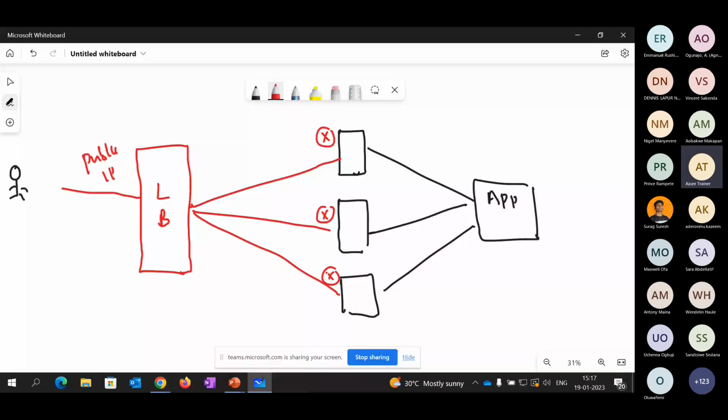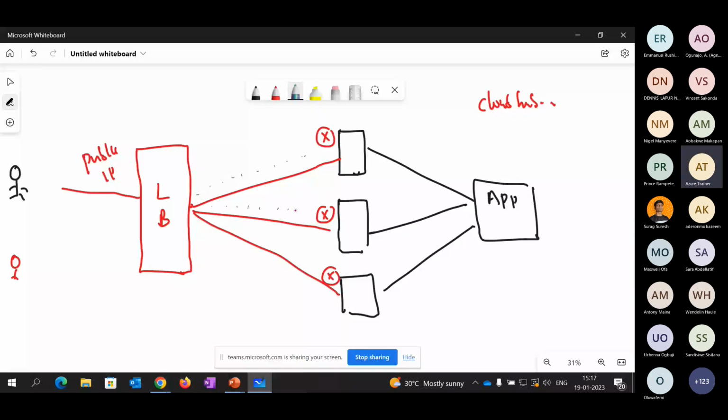So if anyone is connecting to an application like cloudhub.com, your load balancer will receive the request and distribute the load. First it may distribute to this server, then to the second server.